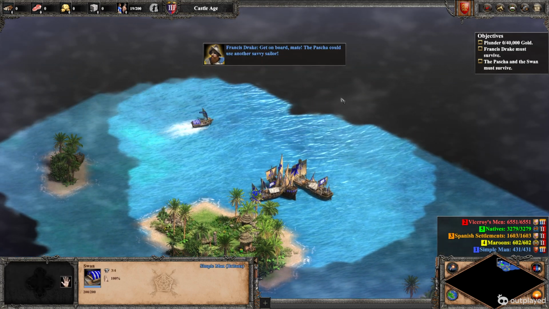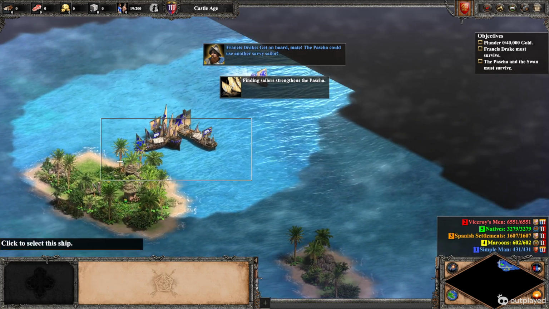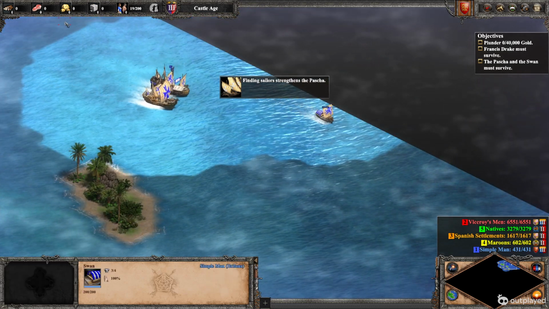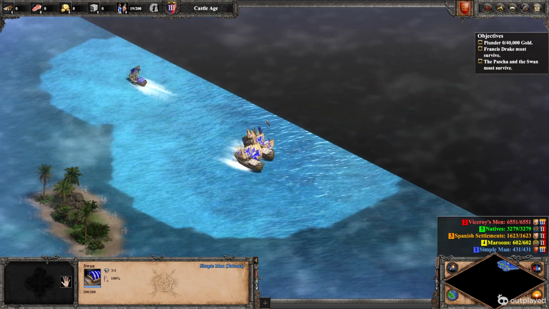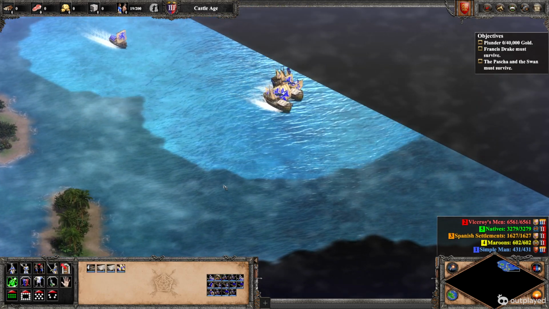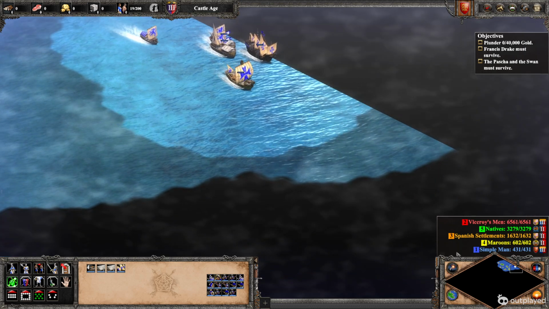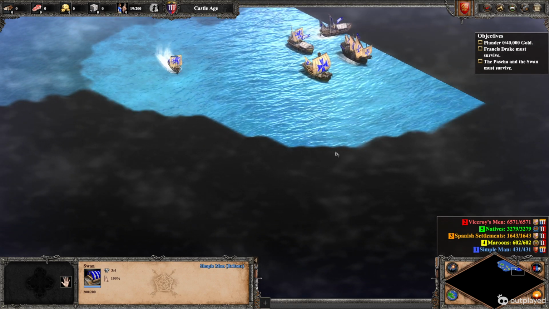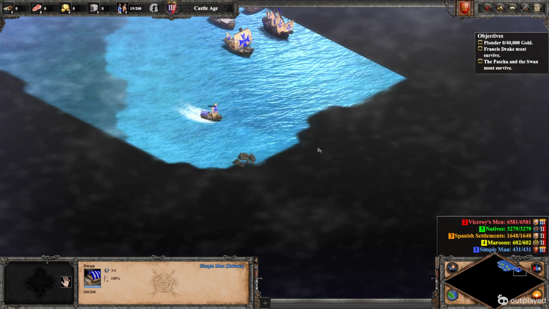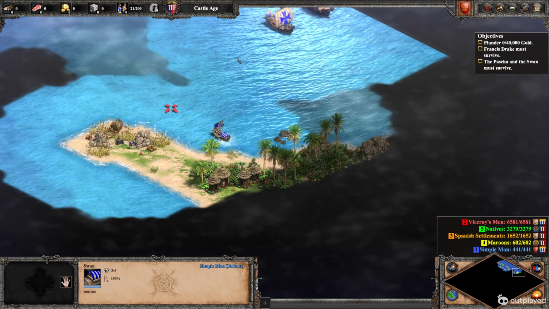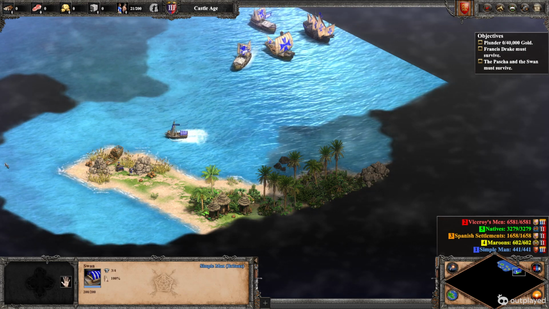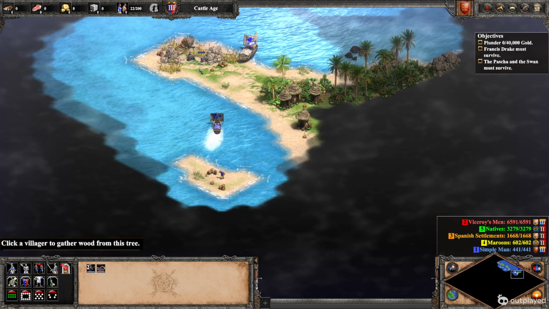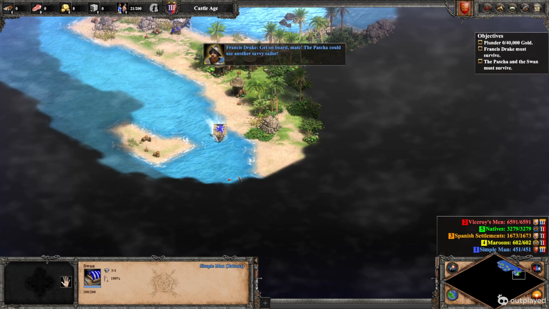The Pasha could use another savvy sailor.